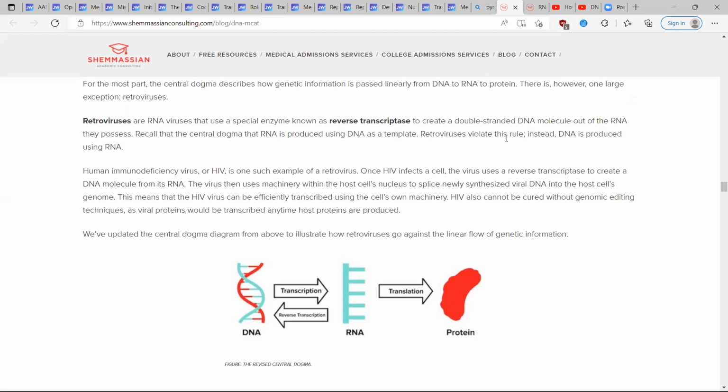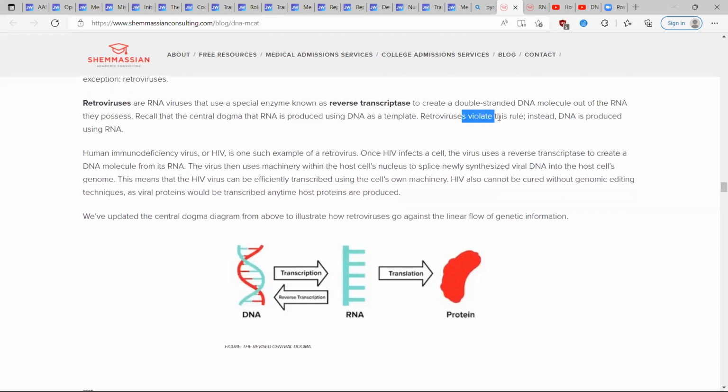If it's making an RNA molecule, it's an RNA polymerase. So reverse transcriptases are actually DNA polymerases. Retroviruses violate the central dogma, and it's almost like a crime against nature.